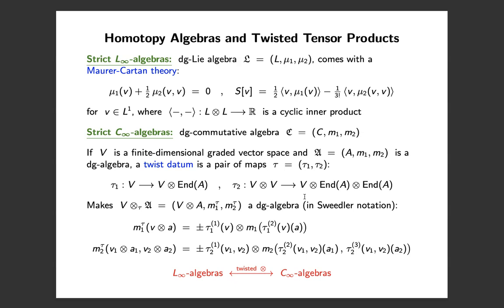Okay, so the twisted tensor product is an operation that moves you between L infinity algebras, in particular differential graded Lie algebras, and C infinity algebras, or differential graded commutative algebras. In other words, if I have a differential graded commutative algebra and I take a twisted tensor product of it with a vector space, I get back a differential graded Lie algebra.